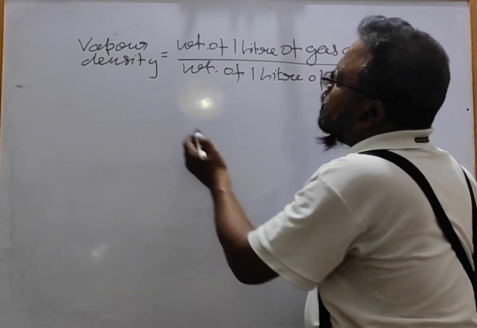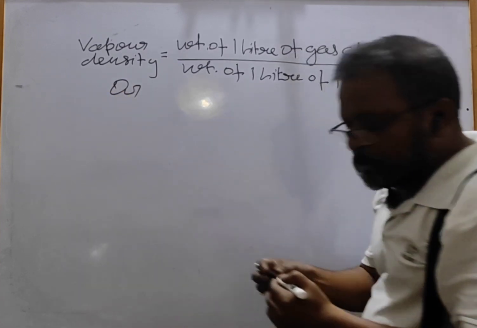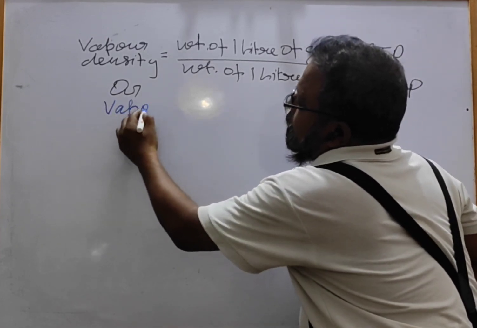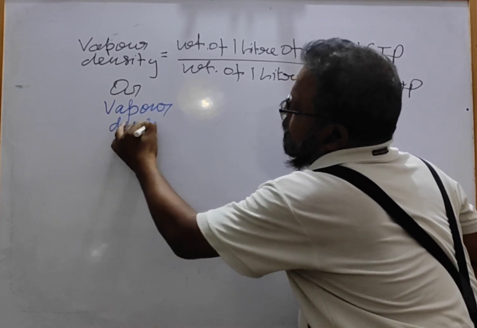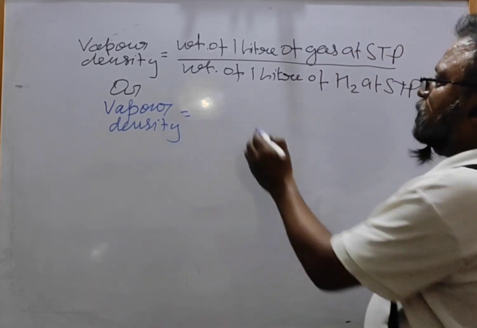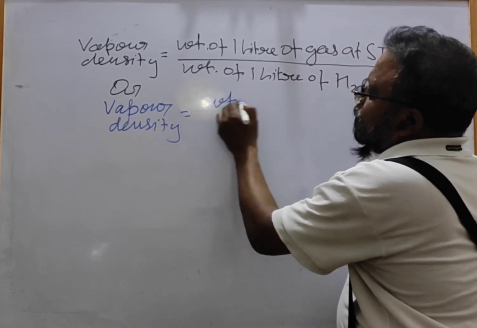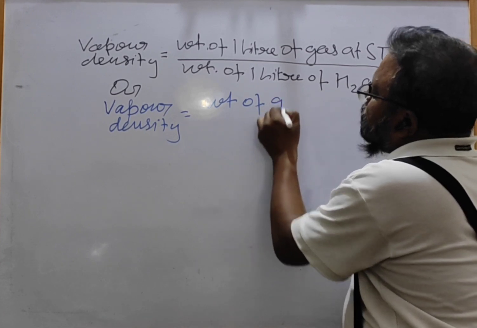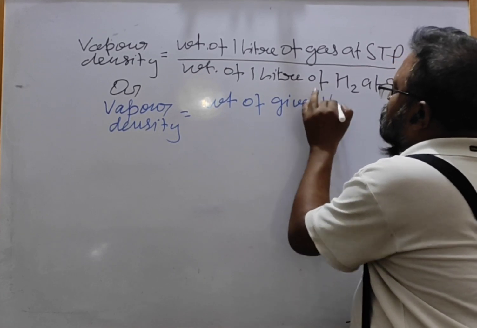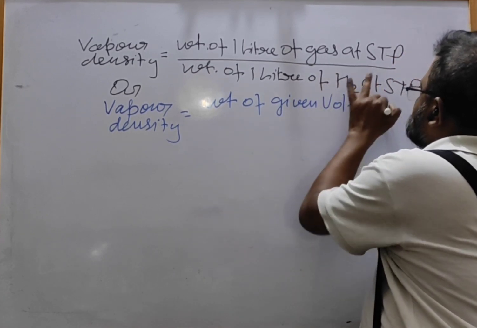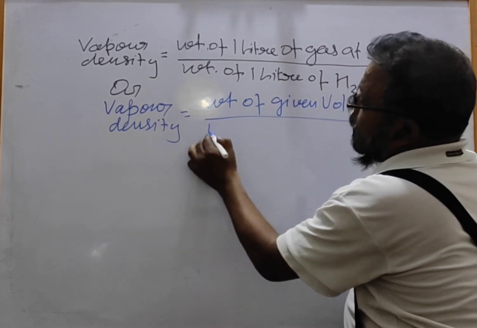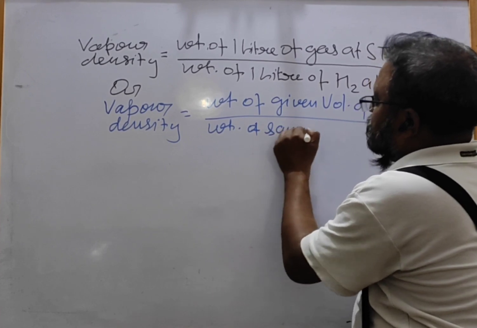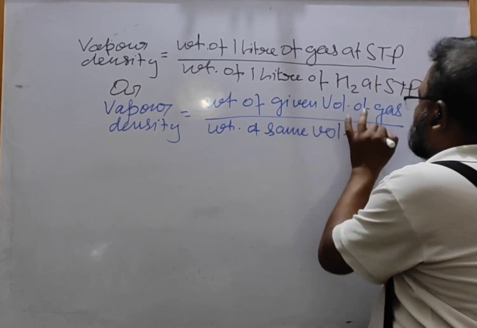And you can write it like this also. In simple language, vapor density is equal to the weight of a given volume of gas upon the weight of the same volume of hydrogen.